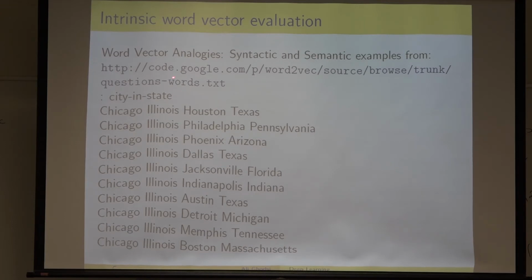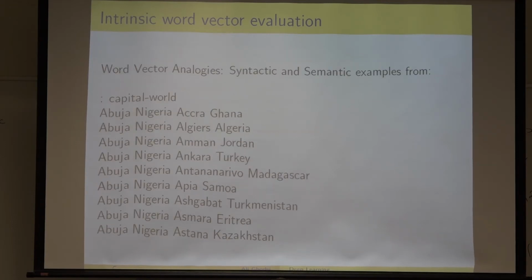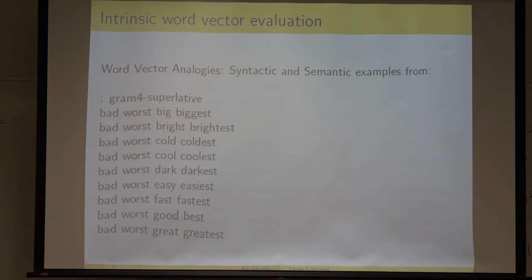And so you can basically infer the state of some city, and you can do the same thing with different countries and their capitals. The relation between bad and worse is the same as the relation between big and biggest, or between bright and brightest and cold and coldest. All of these vectors have the same distance.